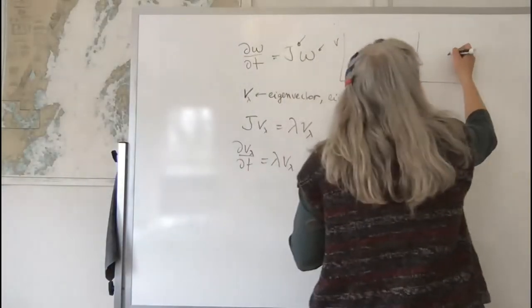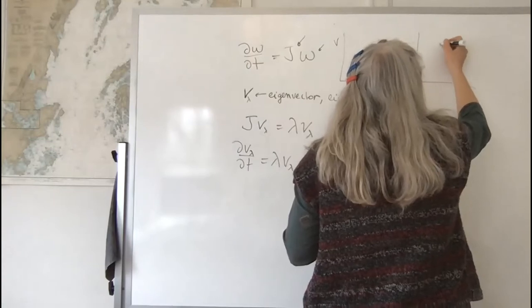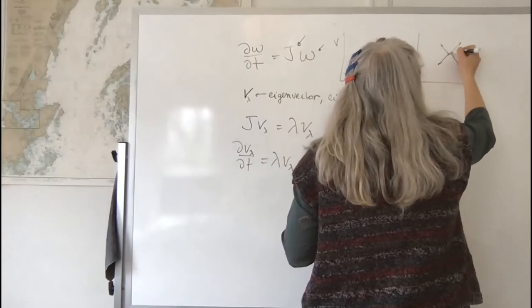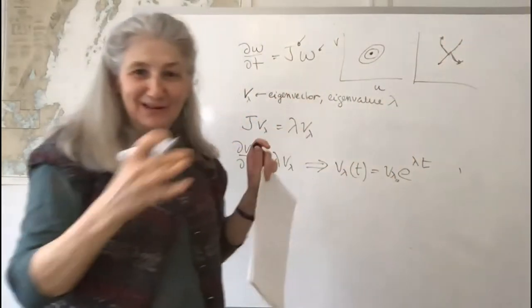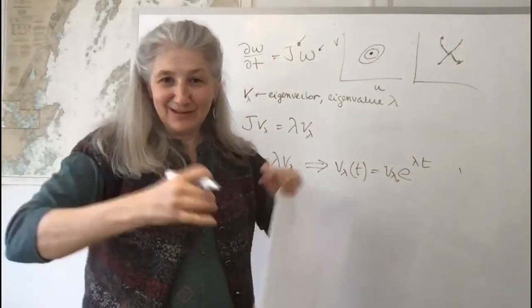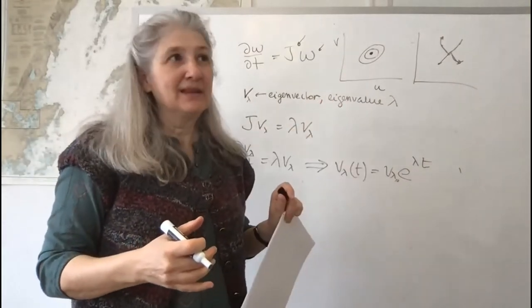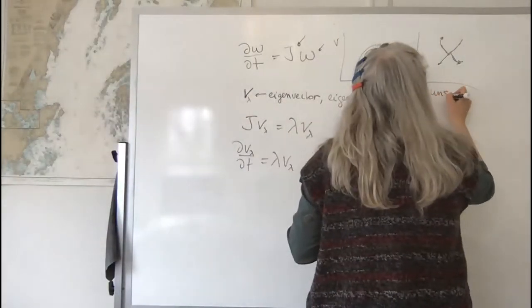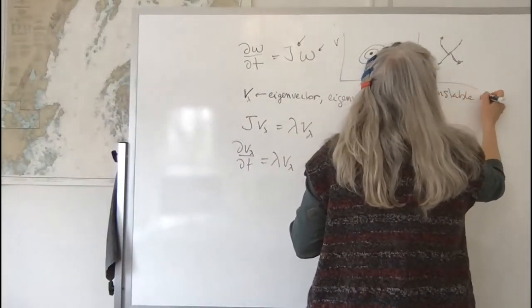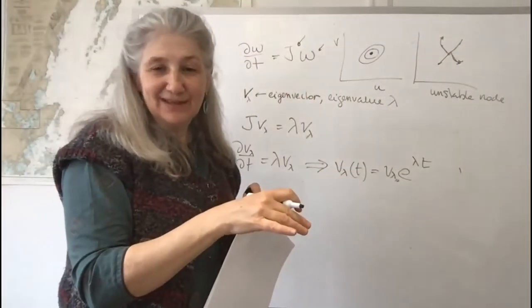If they're both positive and there's no complex part, then the trajectories often curve, because one of the eigenvalues can be bigger than the other one. This is what he calls an unstable node, and that means that trajectories leave the vicinity of the fixed point.